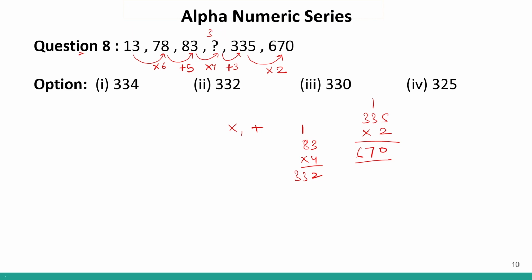Sorry, 332, and 332 plus 3 will give me 335, which follows. So this number follows with the previous number as well, and this is correct with the next number as well. So the answer will be 332, which is option number 2. Option number 2 will be the correct answer to this question.